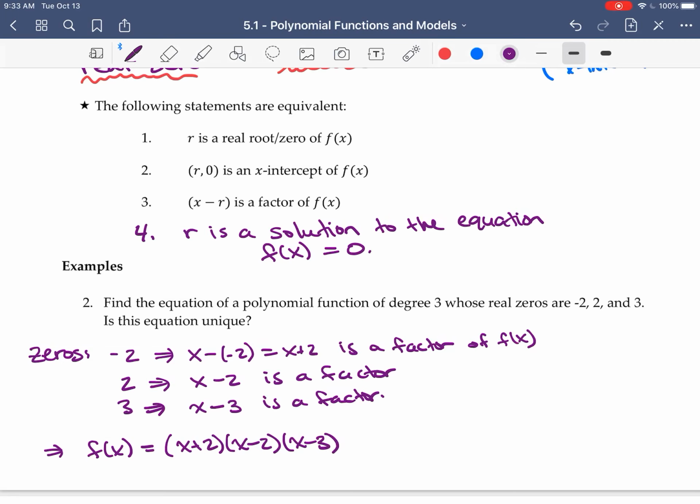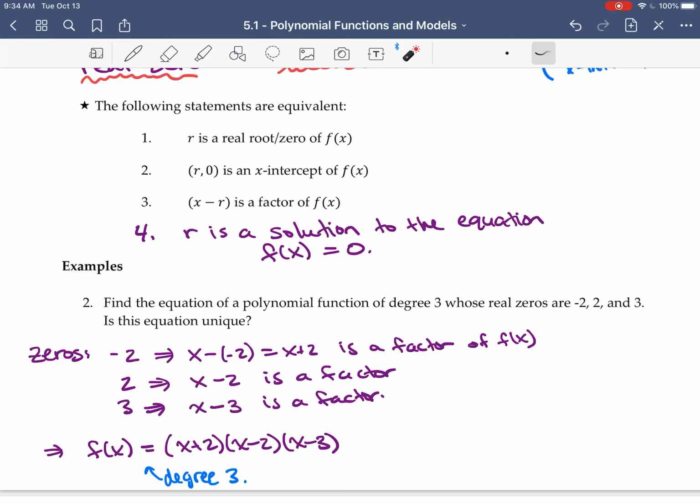Now this is going to give us a degree 3. So it wanted degree 3 here. If you multiplied it out, you would get degree 3. The way that I know that is I'm going to have to expand everything, and I have 1x here, 1x here, and 1x here. So the biggest thing I could have is this one times this one times this one.